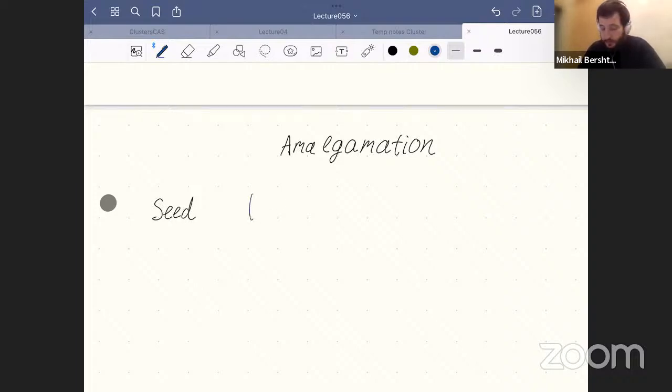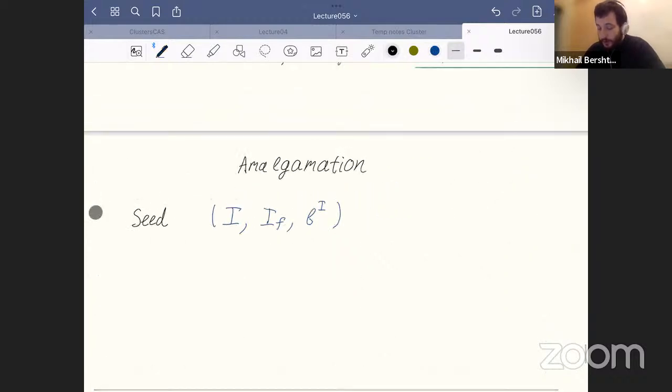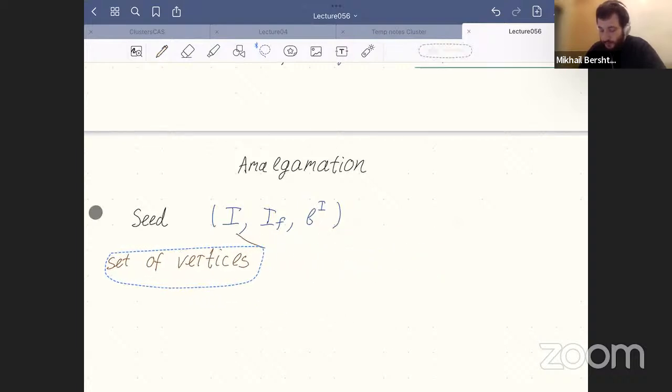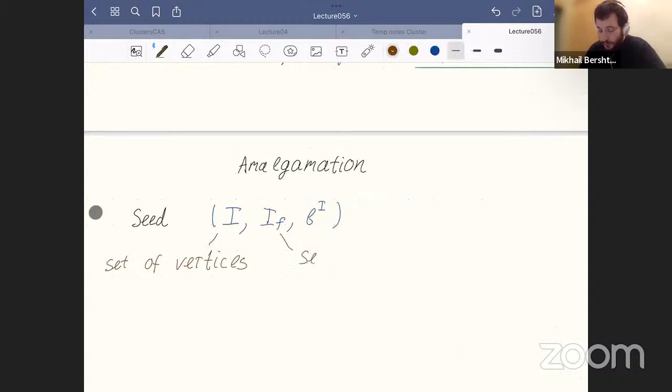We have a set I, which is a set of vertices, and I_F, which is a set of frozen vertices.